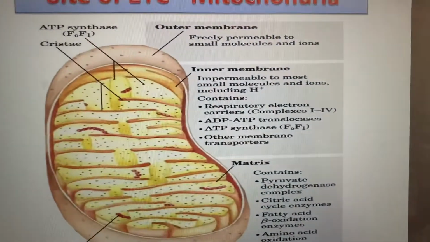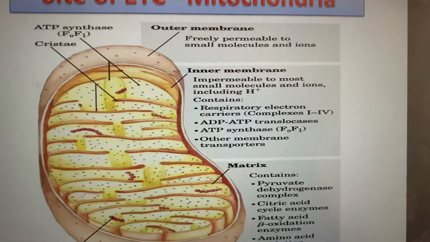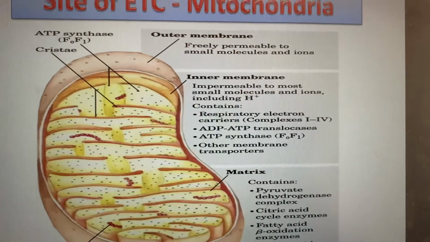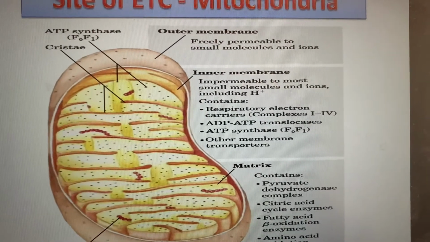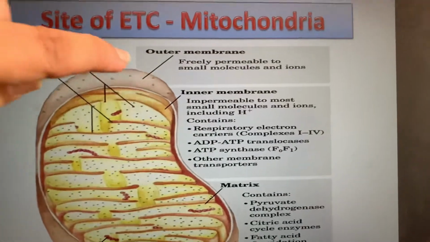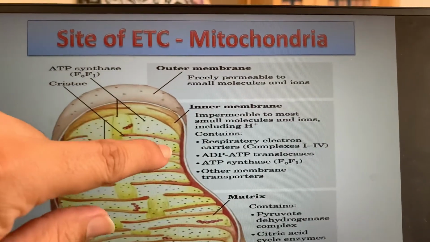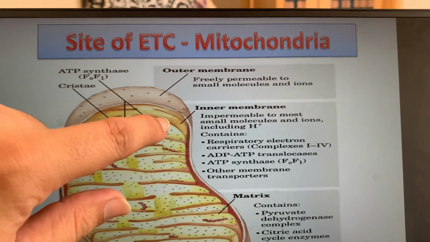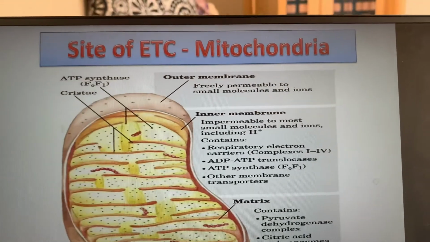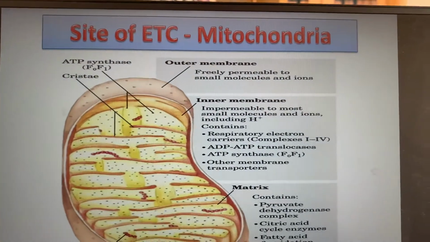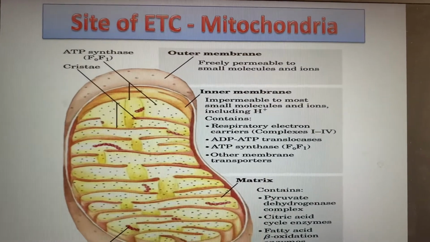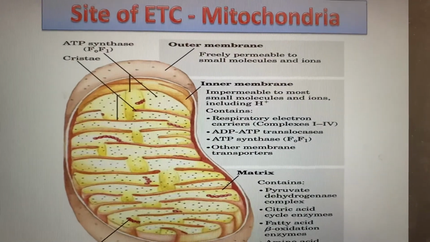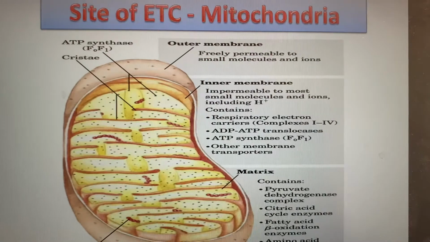There is outer membrane that is freely permeable to small molecules and ions, and this one is outer membrane, and here this one is inner membrane. Actually, this electron transport chain process is happening here. This is impermeable to most of ions, including hydrogen ions.